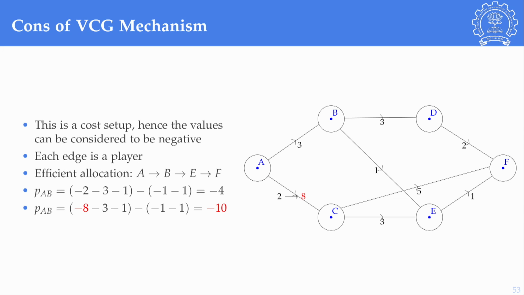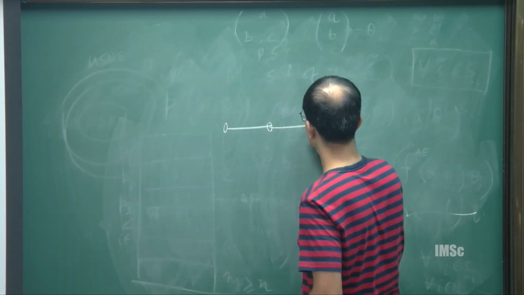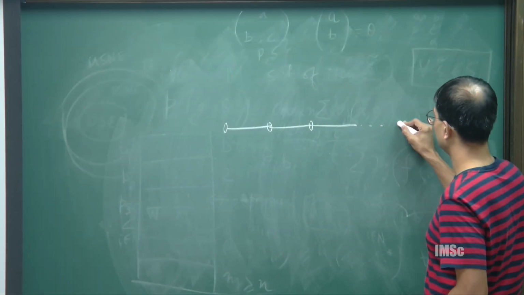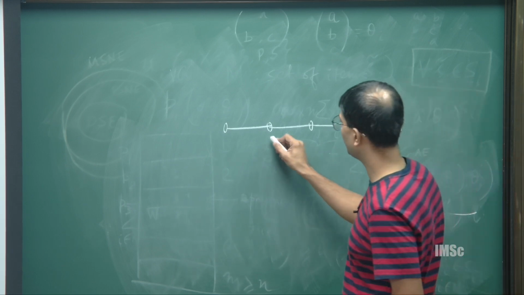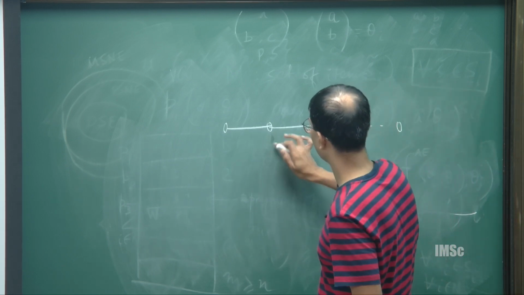So, for instance, if you think about a very simple setup, very similar to this problem, suppose I have a single, let us say, indivisible item to sell, and I have a path graph, and all the intermediate nodes have no values for this item.